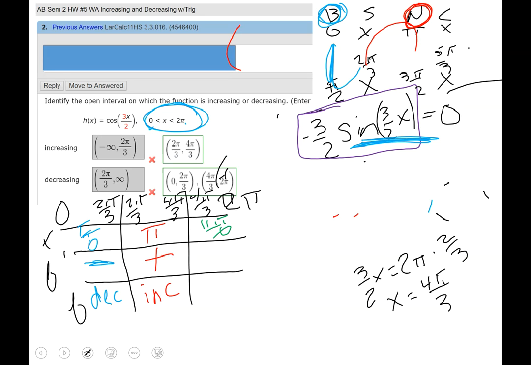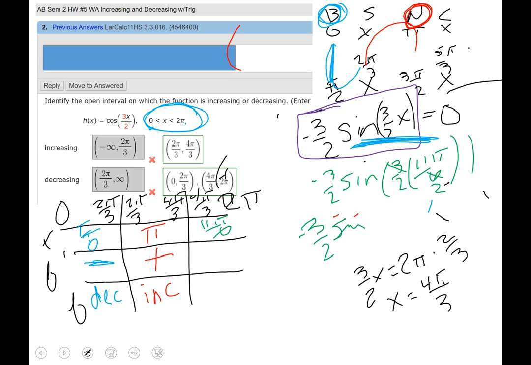Before 2 pi. All right, so I'm plugging that in here. Sine of 3 over 2 times 11 pi over 6. So I know 3 goes into 6 twice. Oh, this one's going to get ugly. Which means that I really have sine of 11 pi over 4.